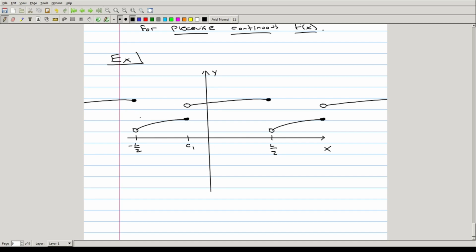And on this figure, the function itself I'll color in black, and the corresponding Fourier series, what it converges to, I'll color in red right here.